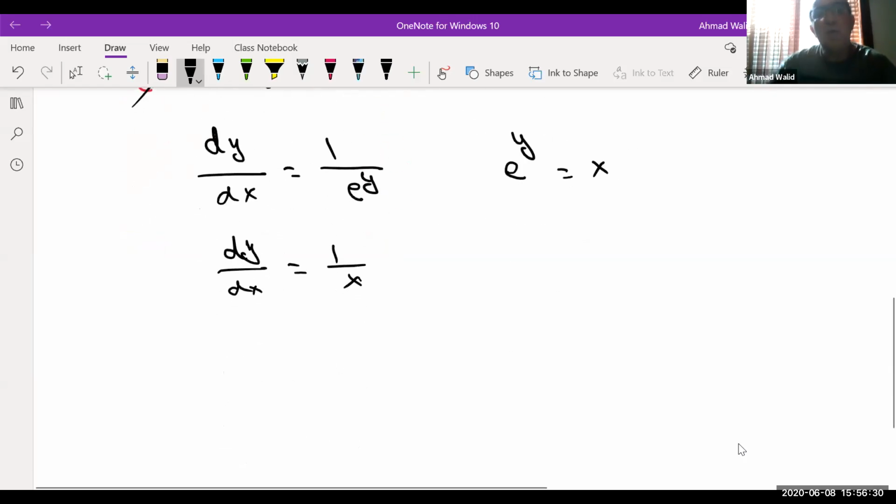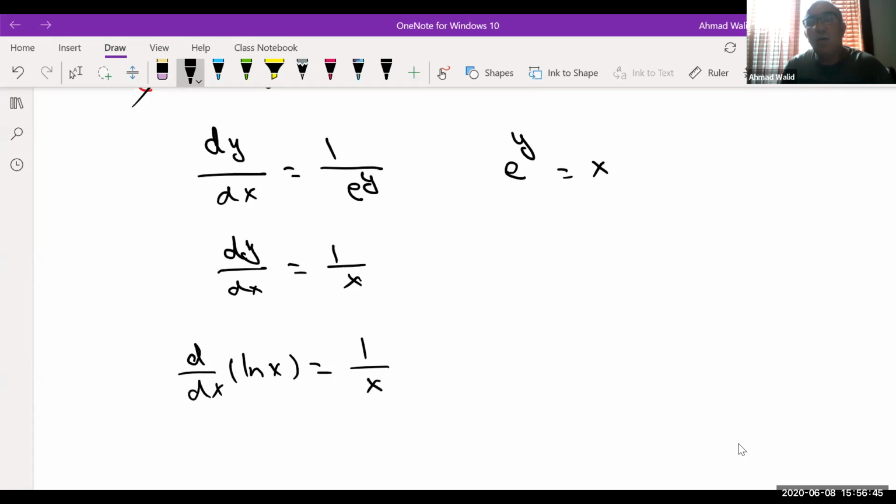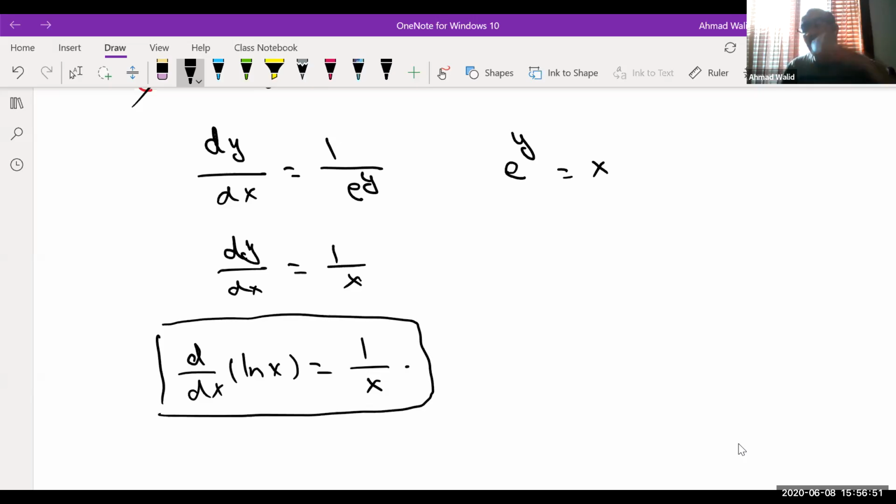What is actually dy dx? Dy dx is actually d over dx of ln x. Then you proved that d over dx of ln x is 1 over x. We proved that the derivative of ln x is always 1 over x.